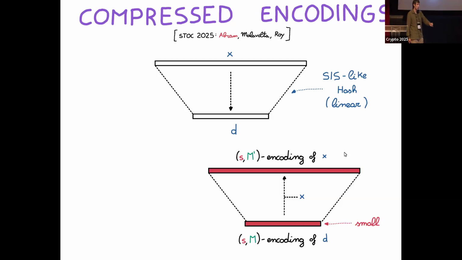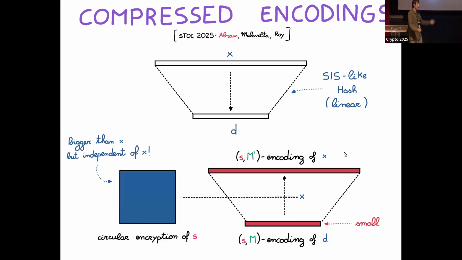The secret key here remains the same. However, in order to perform this operation, we need some auxiliary material, namely this big blue square on the left, which essentially consists of a circular encryption of the secret key S. Now, this blue square is actually huge. It's much bigger than the input size of the hash function.